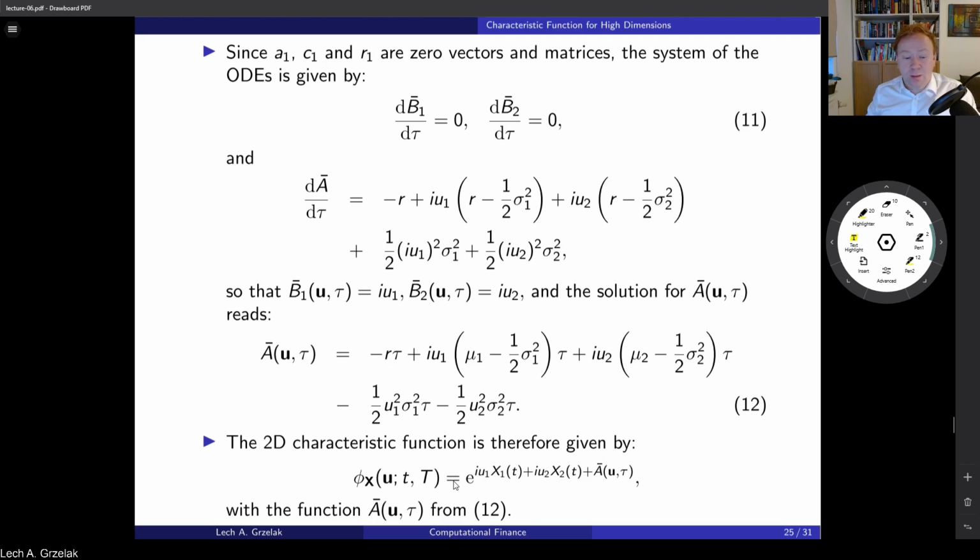Finally, the 2D characteristic function is given by this equation, where this term can be substituted for A, and for B1 we know it's iu1, and for B2 we have iu2. So those two terms we know explicitly too.